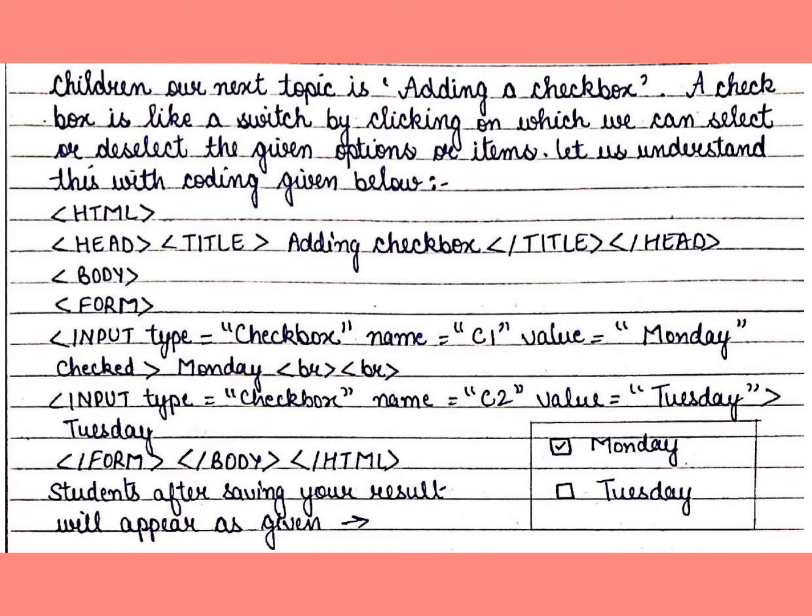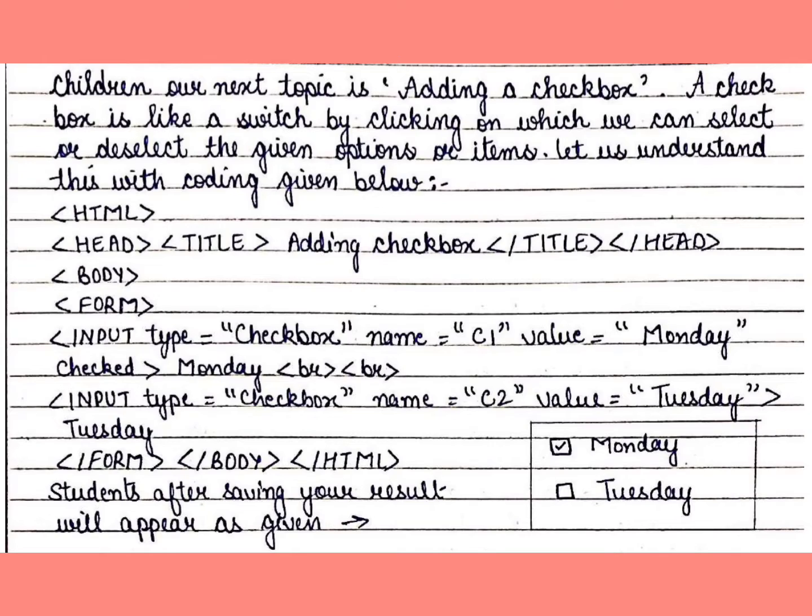Start with input type is equal to checkbox, name is equal to C1, value is equal to Monday, checked. Monday. BR tag is used for break the line. Next, write input type is equal to checkbox, name is equal to C2, value is equal to Tuesday.